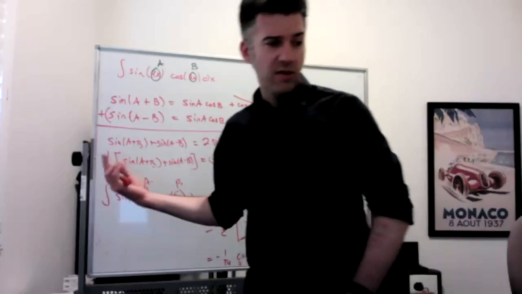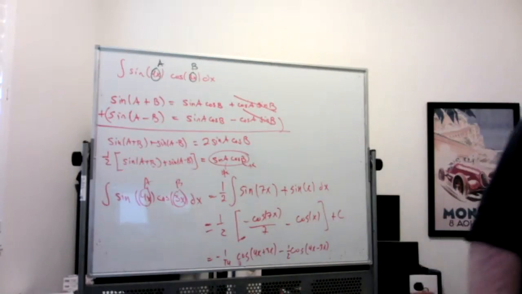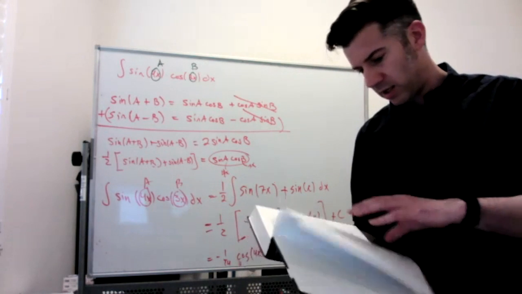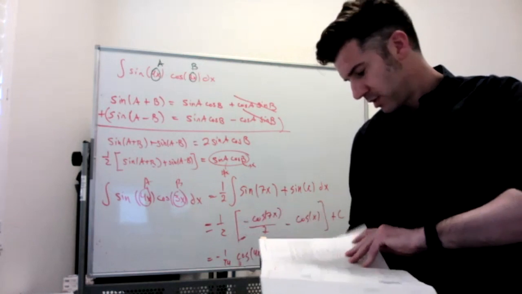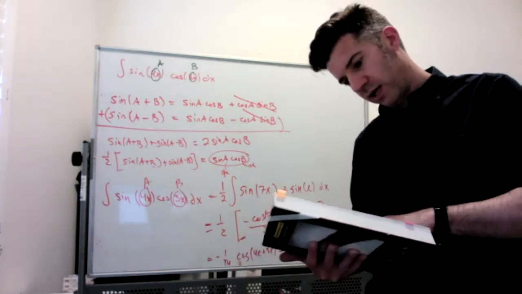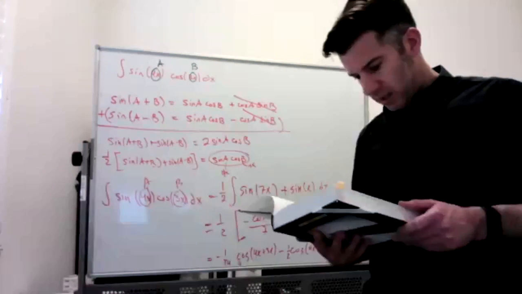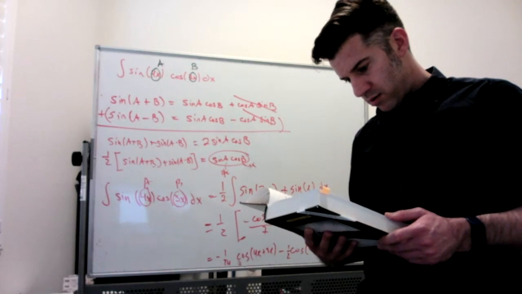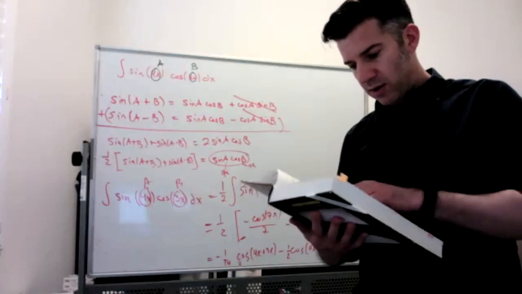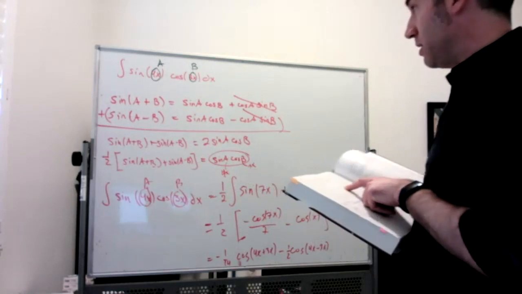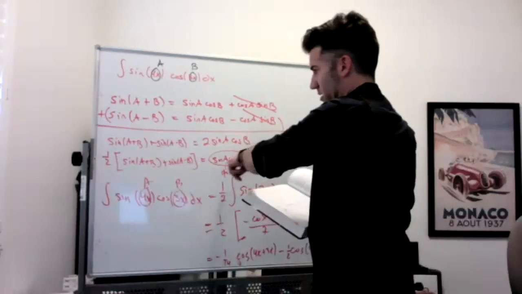And this formula is in your textbook. Let me see where in the textbook it is. I think it's in the back. You look in the back of your textbook. I think there's some trig. Yeah, there are some trig identities. Yeah, that's right. So there's a trig identity for sine of A times cosine of B, which is exactly what we have, and it's exactly that.